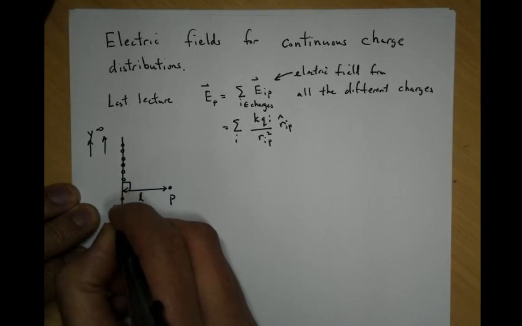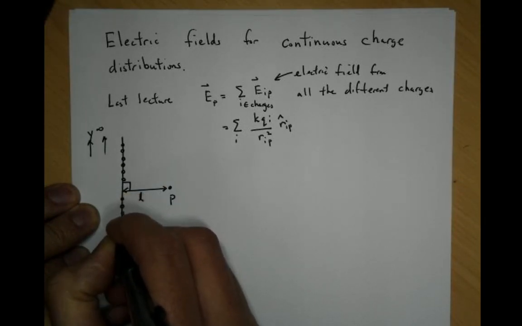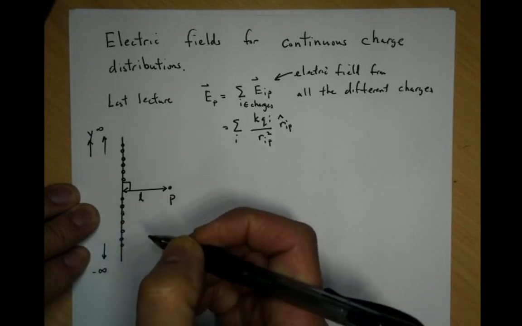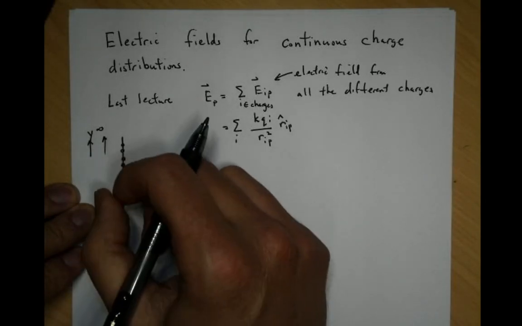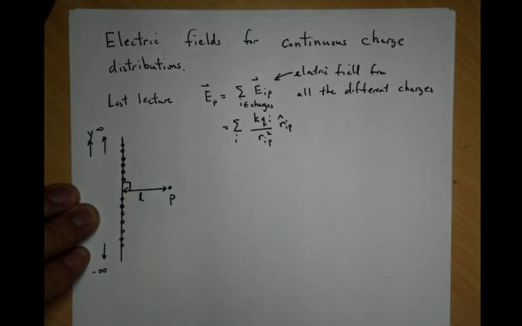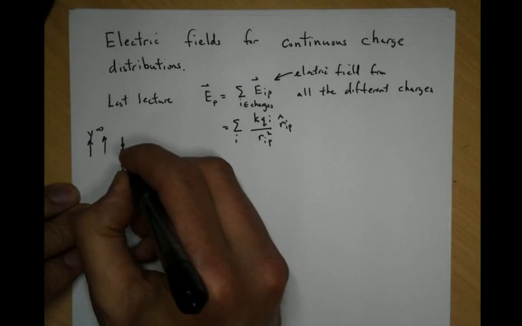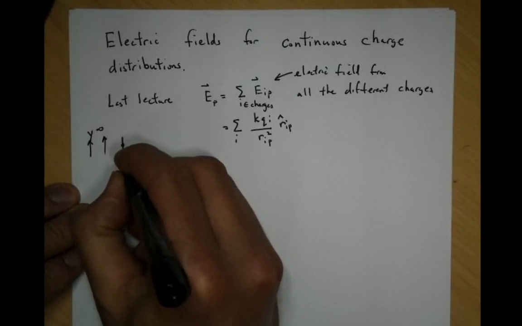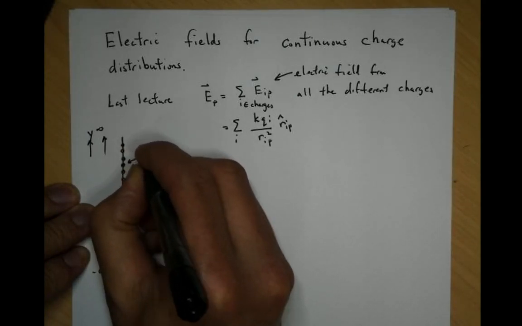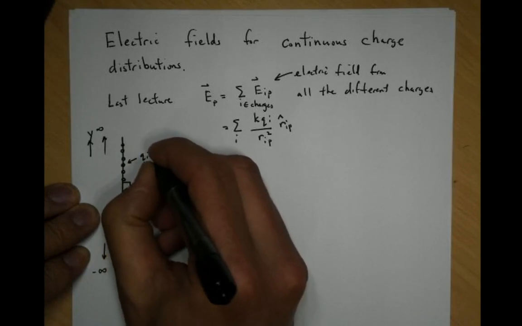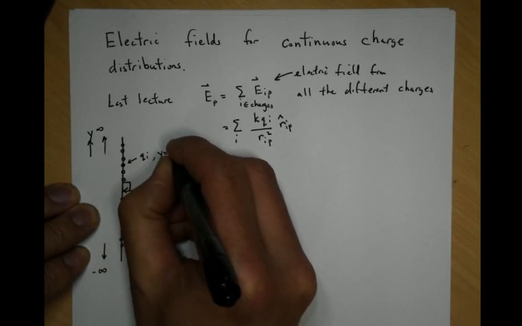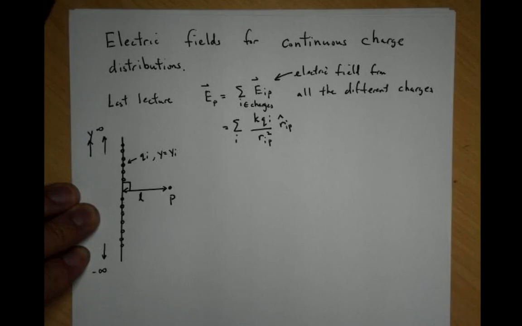What's going to happen is that I'm going to make these charges smaller and smaller, and also bring the space between them smaller and smaller, until eventually it just looks like a line. The ith charge here has charge q_i, at y equals y sub i, just some position there.